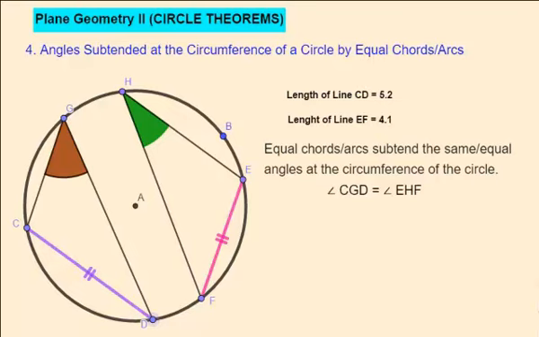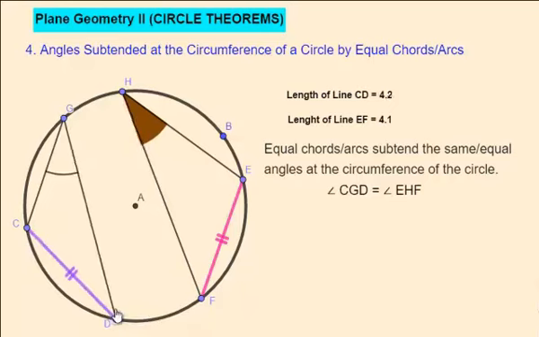Now I am going to move angle CGD and place it on angle EHF, and then you record your observation once again. You see that angle CGD is now bigger than angle EHF. So this is what happens when the lengths of the chords are not equal. Then the angles wouldn't be equal either.